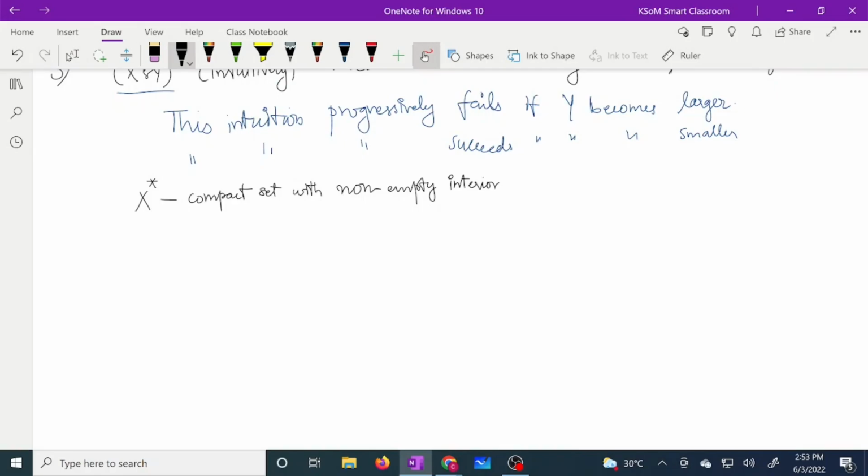So for every open set V, define M_V of X, where X is again a compact set, to be X_V by X star_V, where V is open.